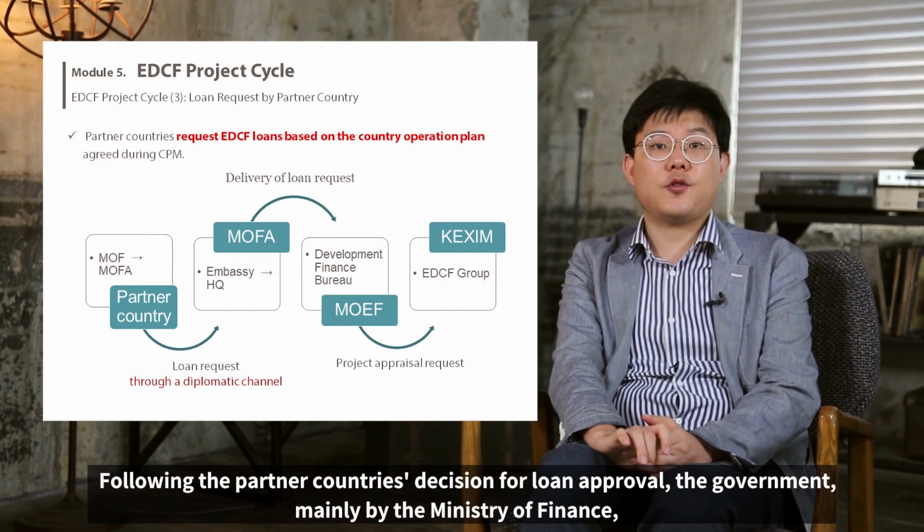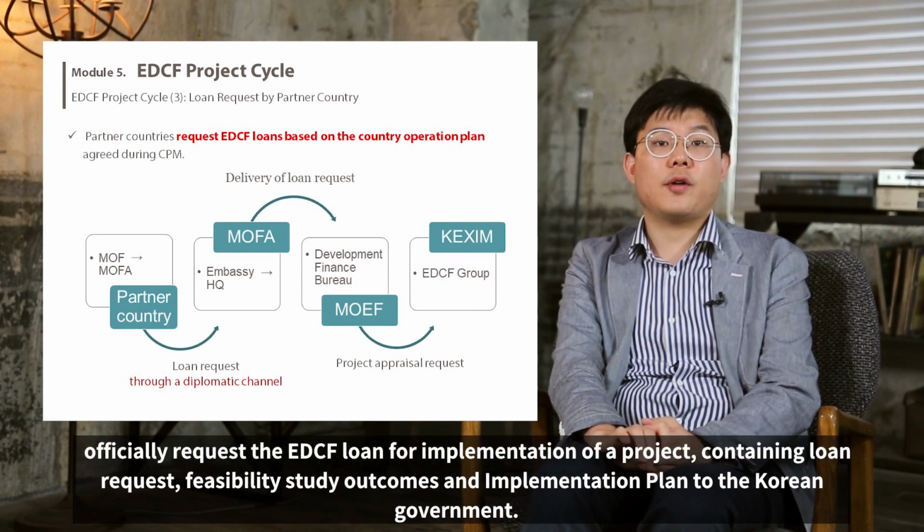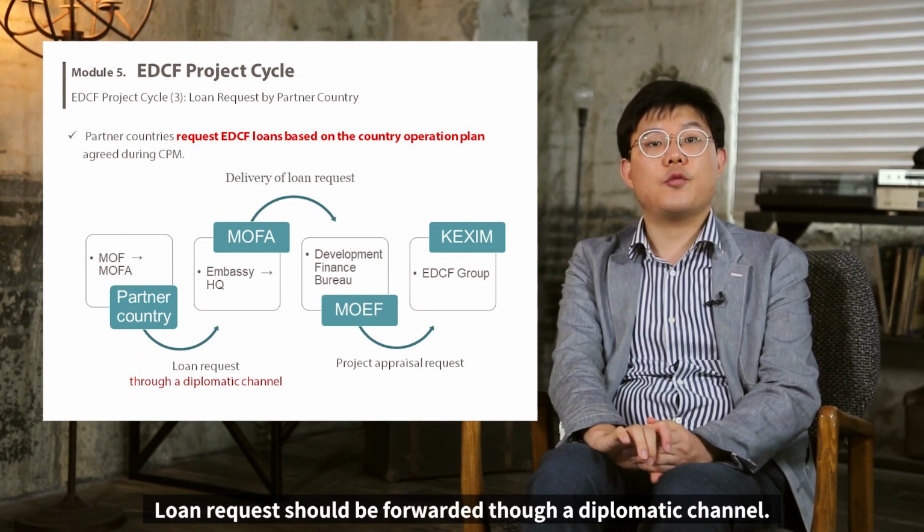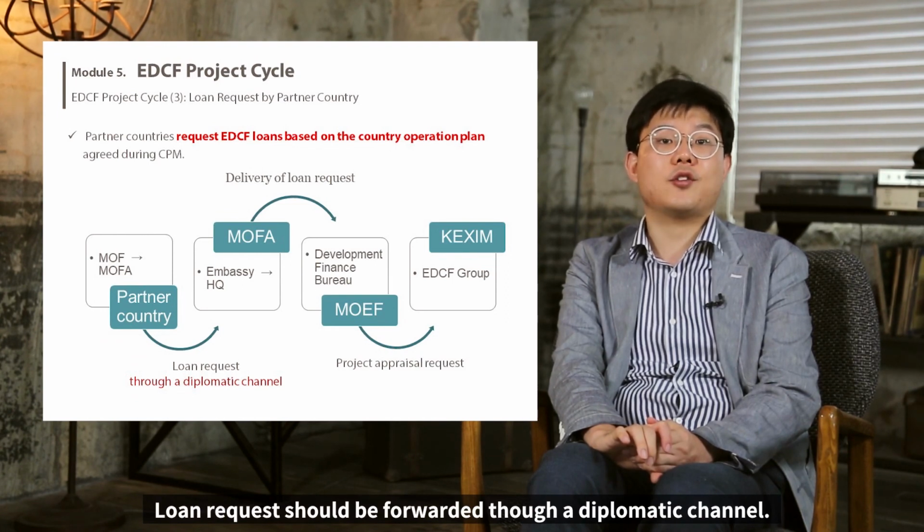Following the partner country's decision for loan approval, the government, mainly the Ministry of Finance, officially requests the EDCF loan for implementation of a project containing loan request, feasibility study outcomes, and implementation plan to the Korean government. Loan request should be forwarded through a diplomatic channel.